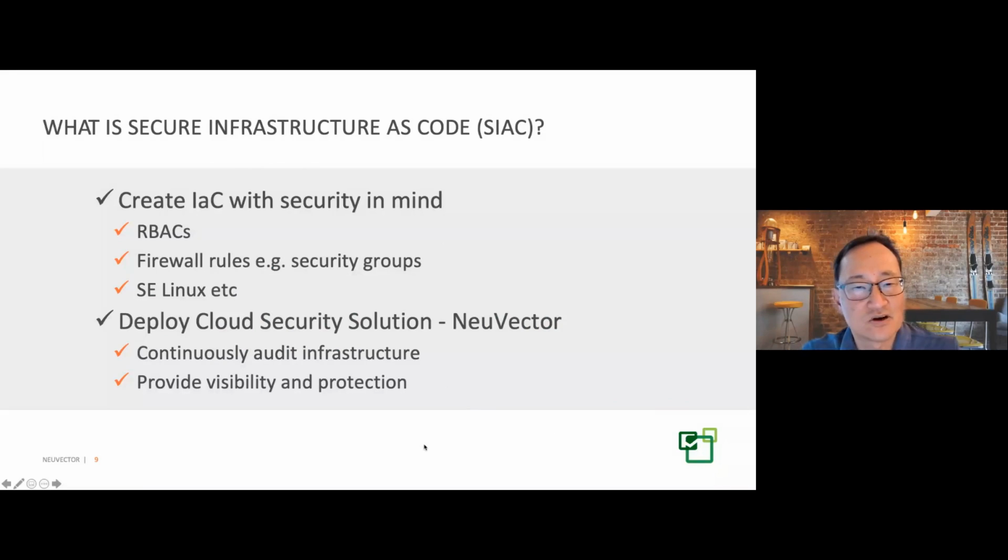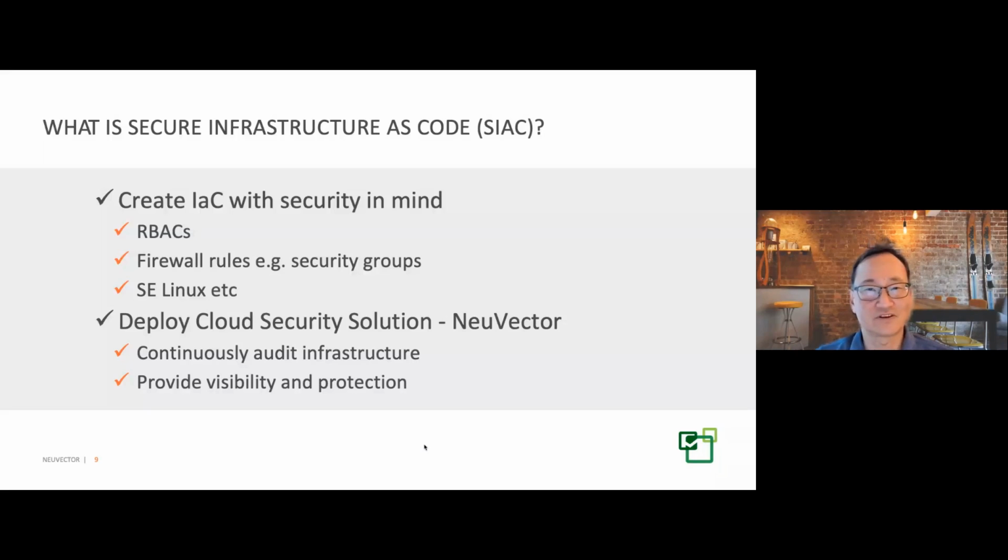Now, so I've already started to talk about what is secure infrastructure as code. It's basically when you deploy an infrastructure and any applications on top of it, keep in mind all of the different security settings that are possible and that should be configured when you deploy your infrastructure. Critical ones include any access controls to the cluster.